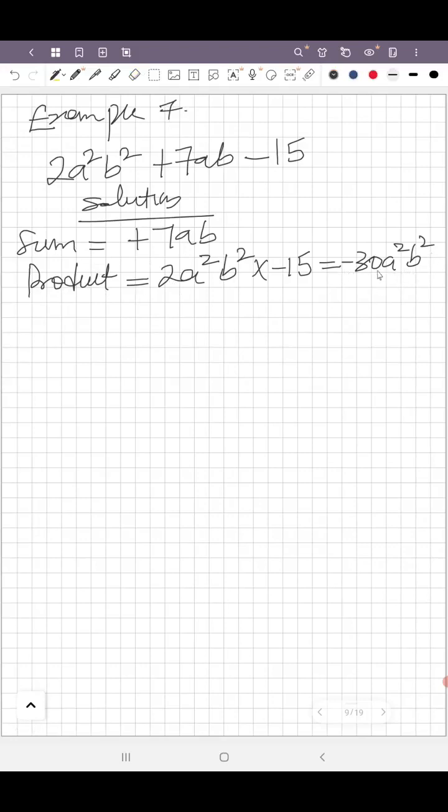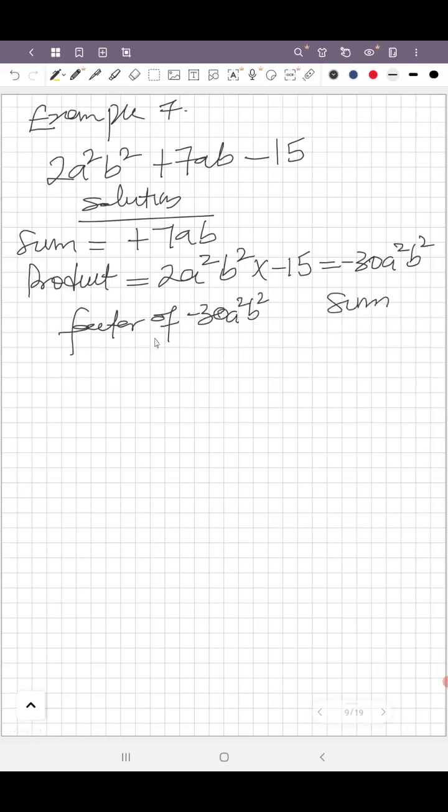So therefore, we have the same thing that we needed the other time, which is our factors of minus 30a squared b squared and the sum.